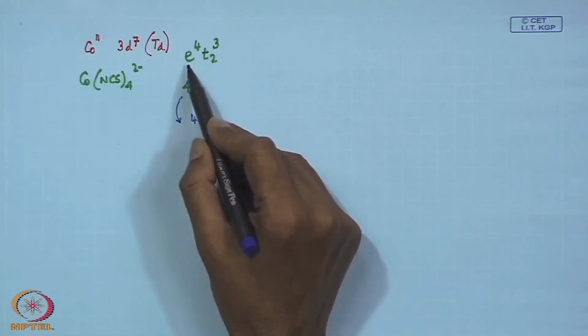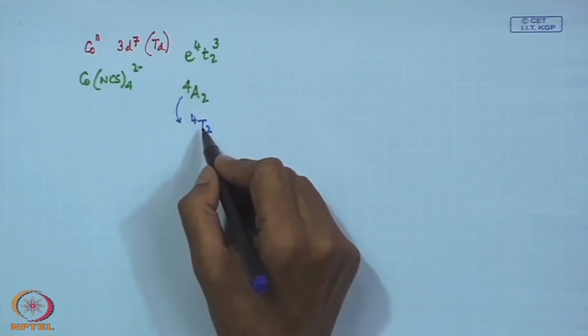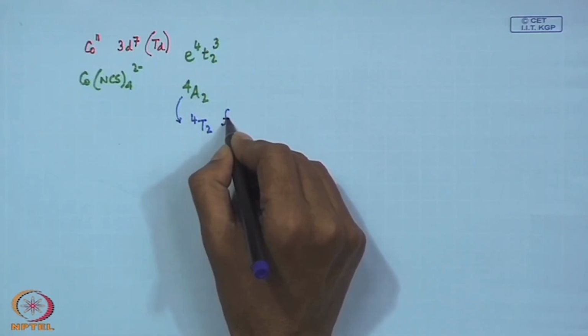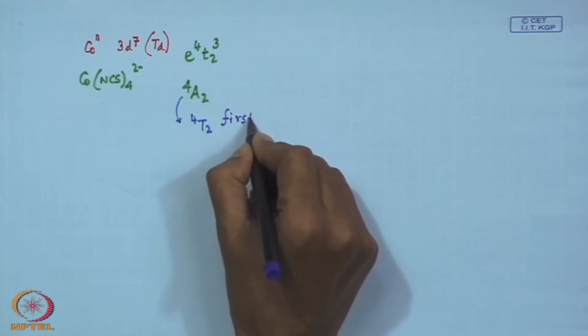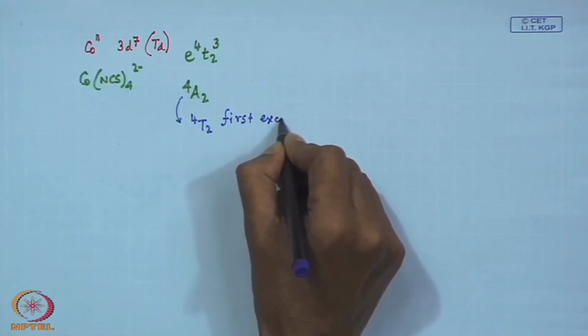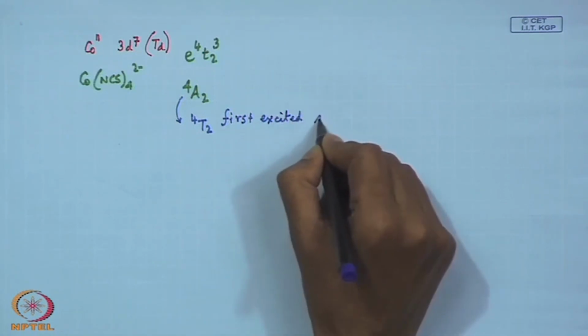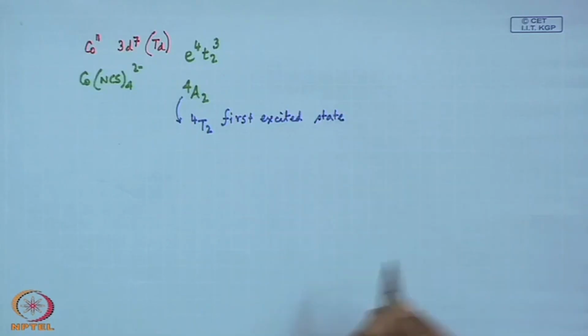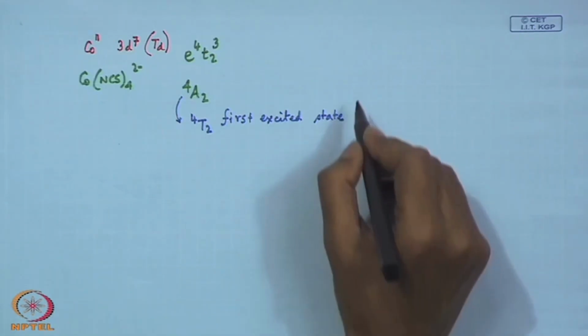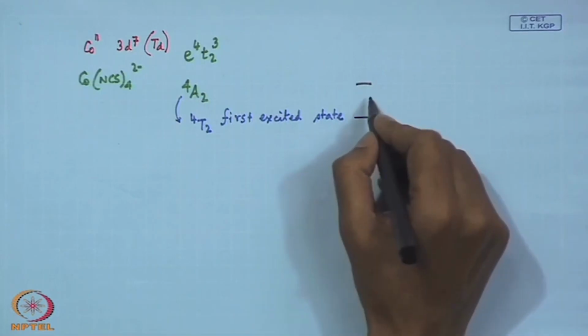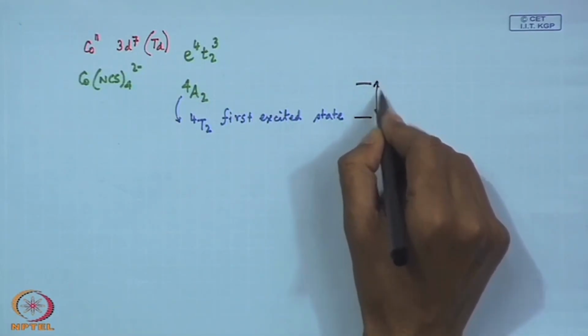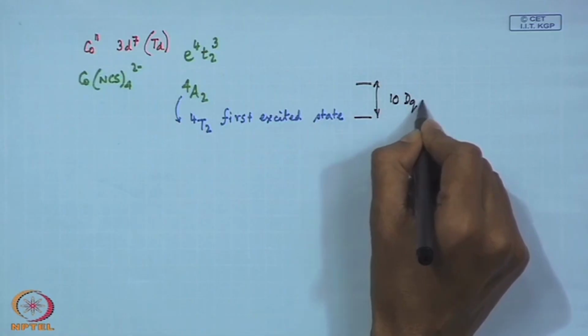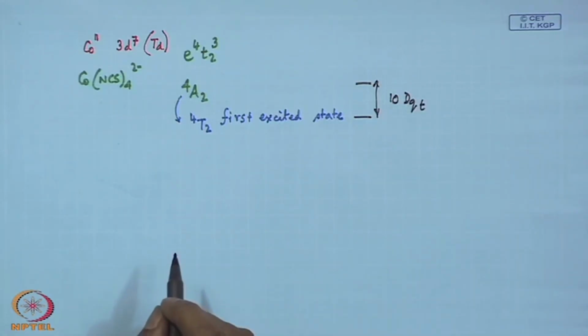So, for an electron configuration of e4 t2 4, we have the first excited state, and these two levels, the first excited state and the ground level, are again separated by the corresponding crystal field term, which is 10 Dq t.